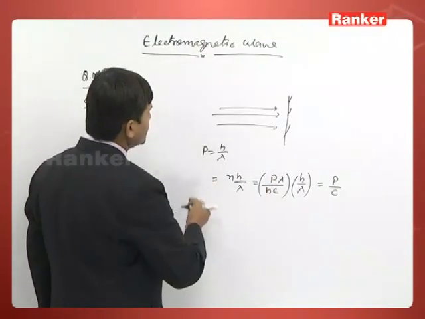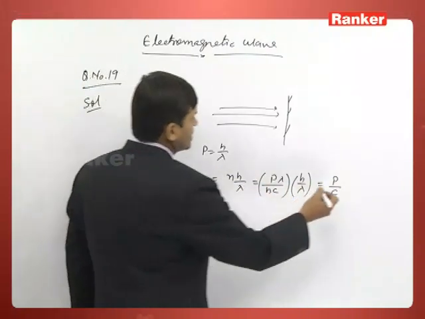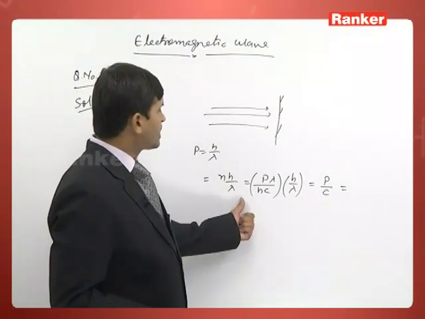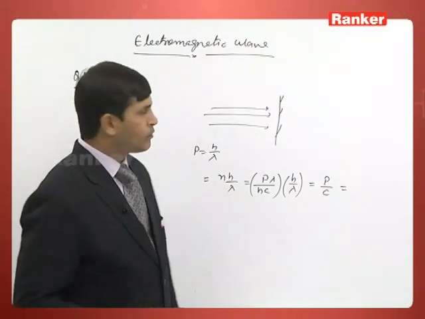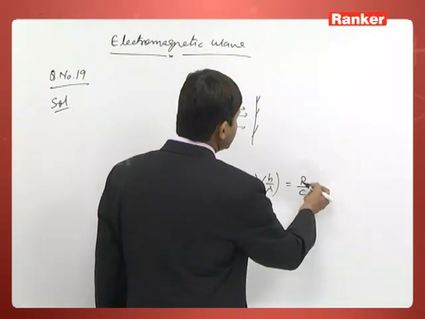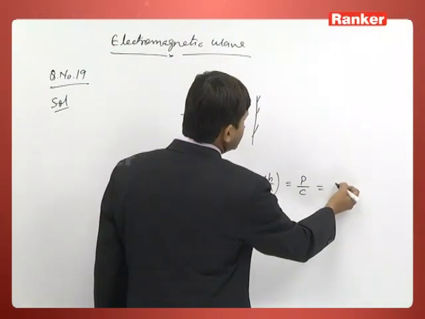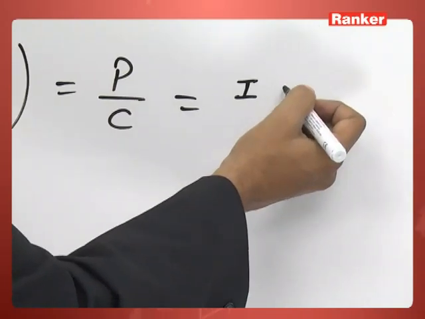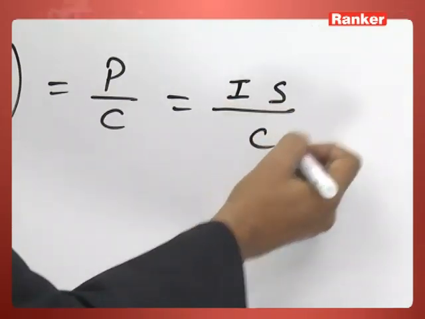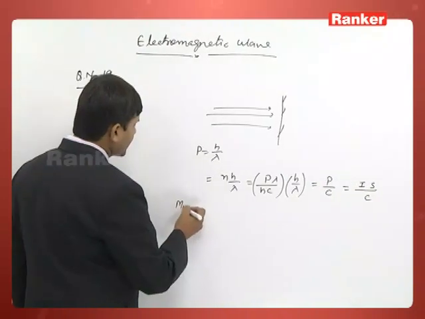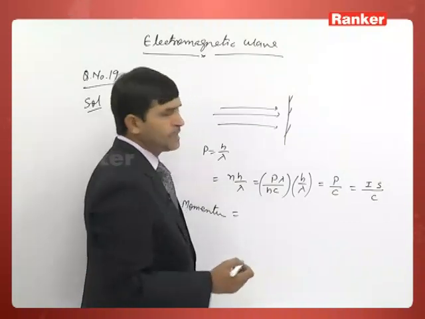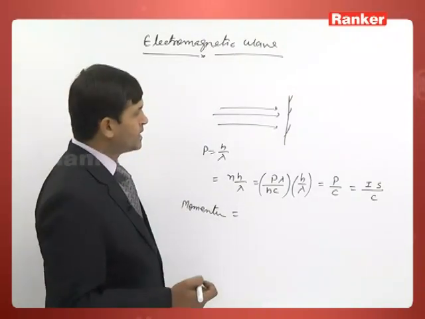P is the power here, and power is given as 6 watt. Power can be written as intensity into area by c. So momentum is equal to intensity into area by c.